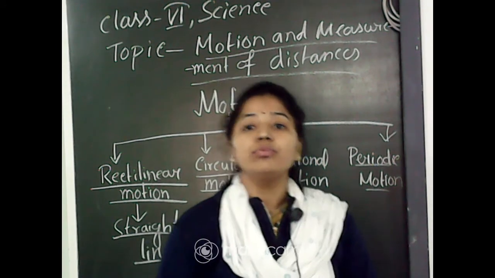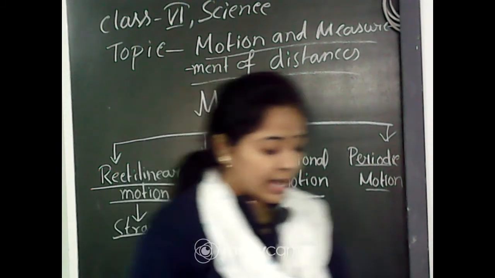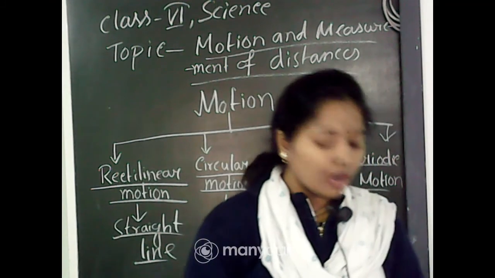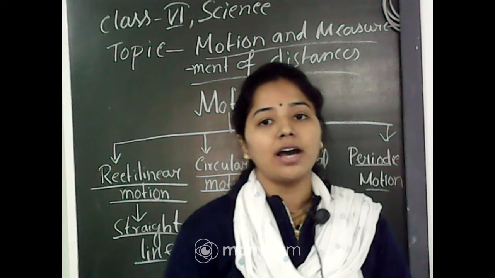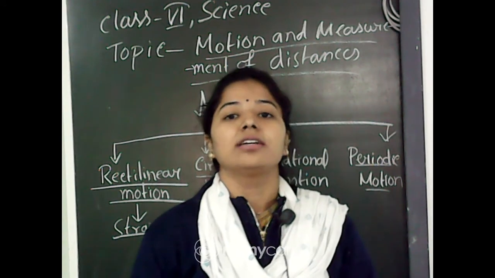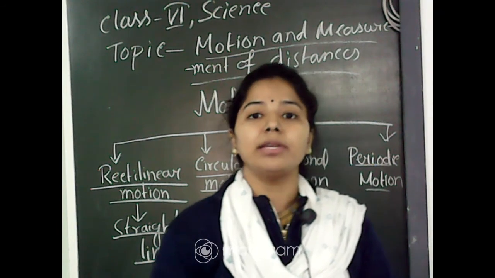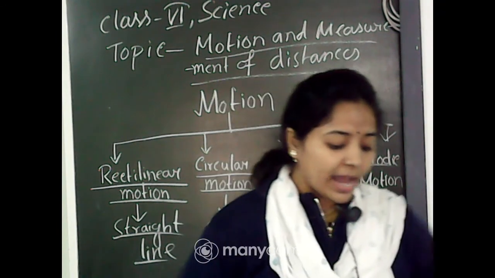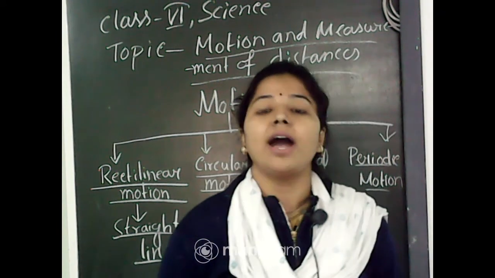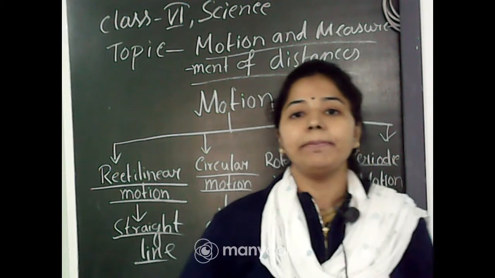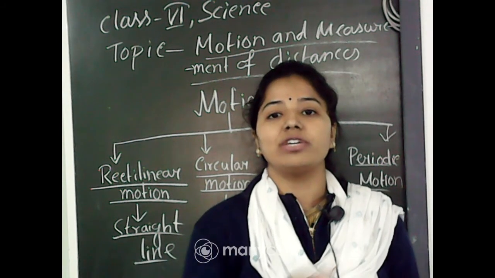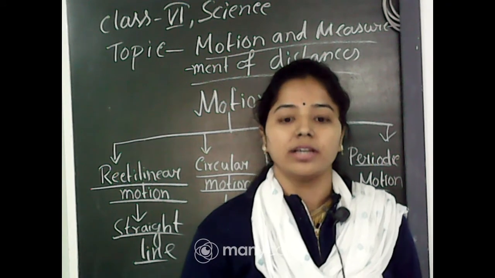Now comes the fourth type of motion in your book, that is called periodic motion. The term itself says it: the motion that occurs after a regular time interval. An object repeats its motion after some time, so repeating motion takes place in this type of motion.